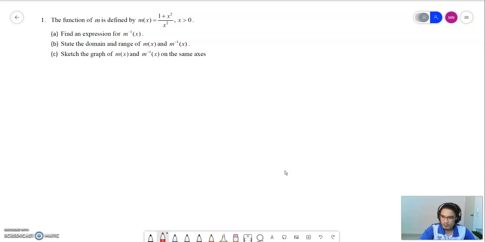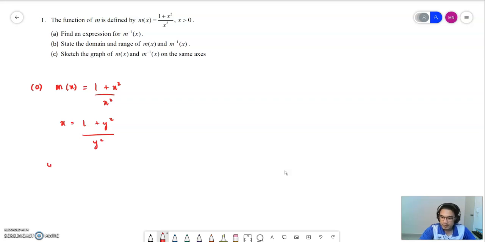Okay, for question 1a, find an expression for m inverse. So we take m(x) equal to (1 plus x squared) over x squared. We make it x equal to (1 plus y squared) over y squared.